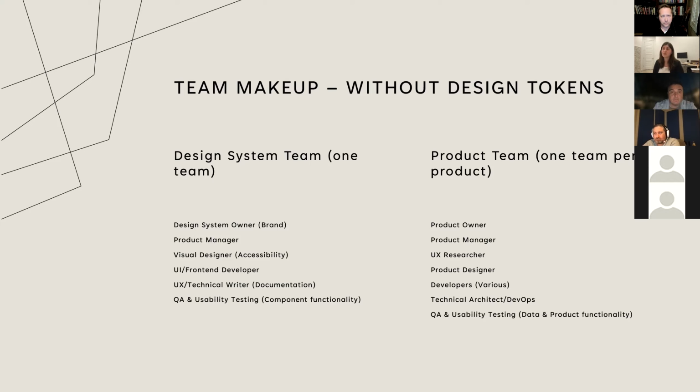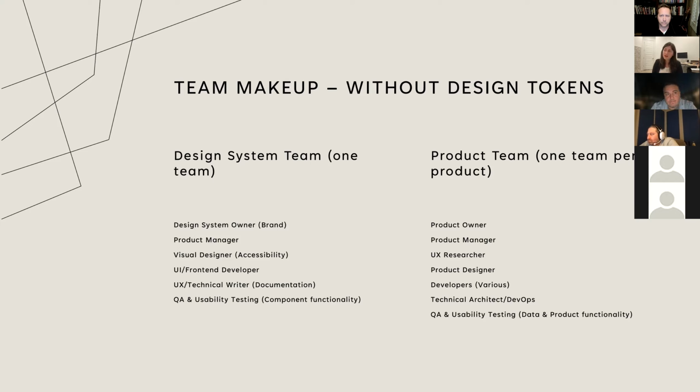So this is for the design system. On each individual product team, you would need, it's very similar makeup, product owner, again, driving the vision of the product, manager to manage the work, UX researcher, that's not included in the design system team, but this would be a person that's making sure that the product is fulfilling the user needs. Product designer, so that's in conjunction with the researcher, making sure that the UI is intuitive and follows all the necessary design system guidelines.